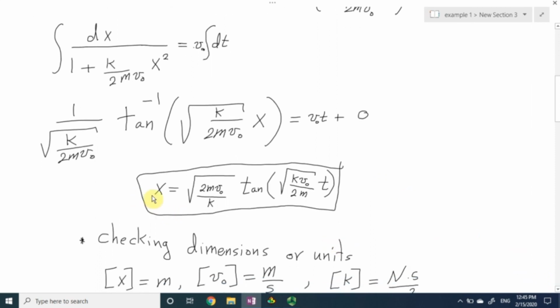So this is x as a function of time. It's equal to some constant, tan of some constant multiplied by time. So x is changing with time as the tan of time multiplied by a constant. This is the answer. So mathematically, we found the answer.